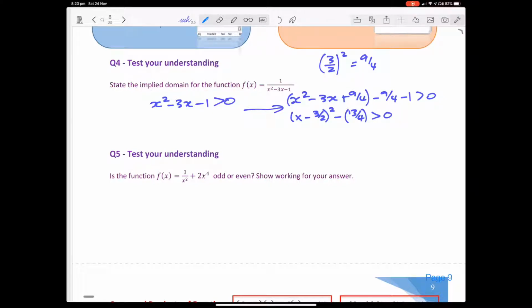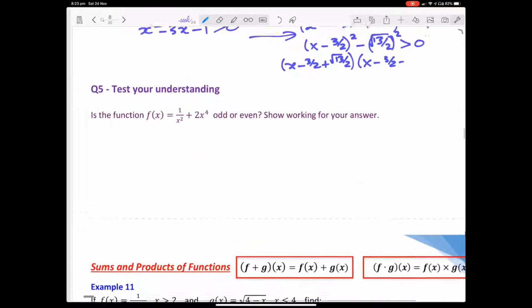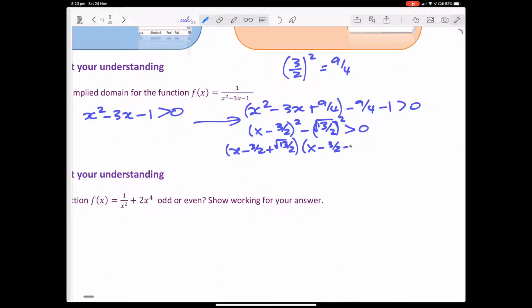Then, of course, from here we can say x minus 3 on 2 plus root 13 on 2, and x minus 3 on 2 minus root 13 on 2, is greater than 0.